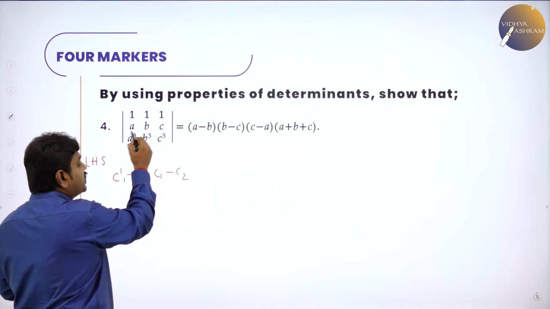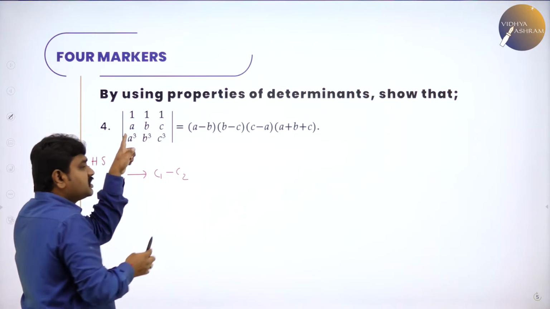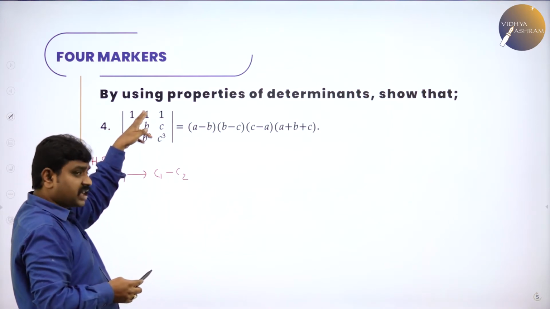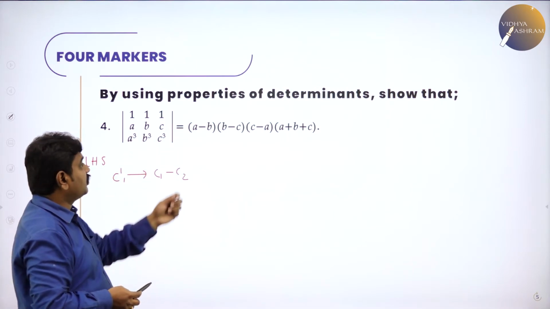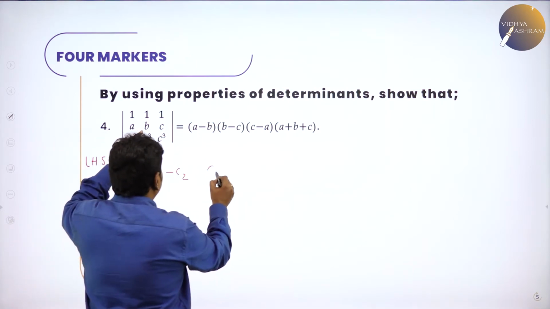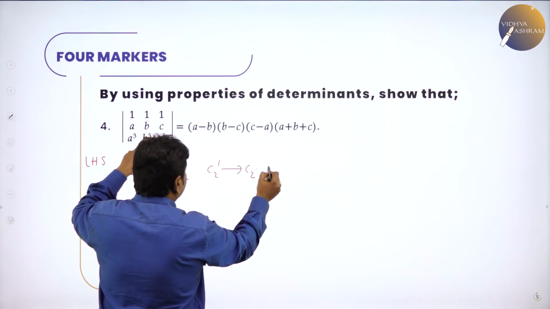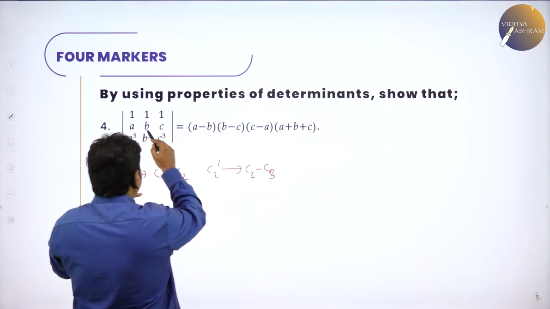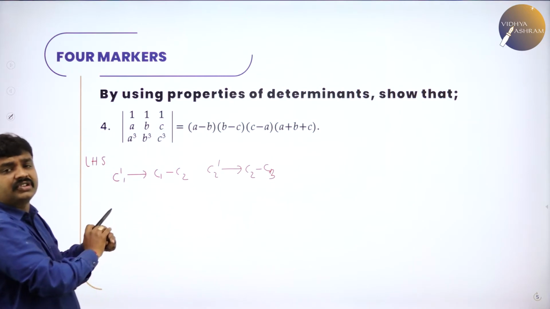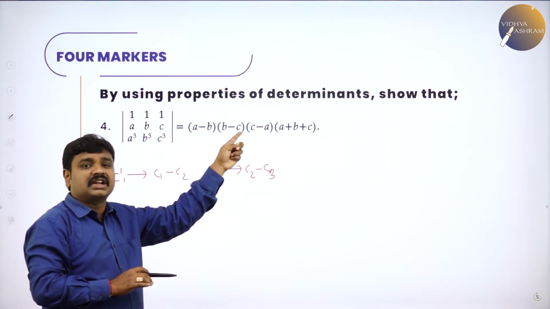Because how did I decide C1 minus C2? Because I want A minus B. A is in the first column, B is in the second column, so first column minus second column gives you this. And similarly, for B minus C, C2 dash, the new value of the second column, is C2 minus C3, because B is in the second column, C is in the third column, that's it. The decision is depending on the RHS.